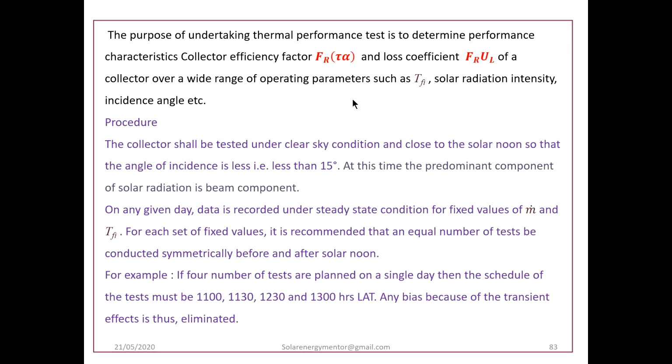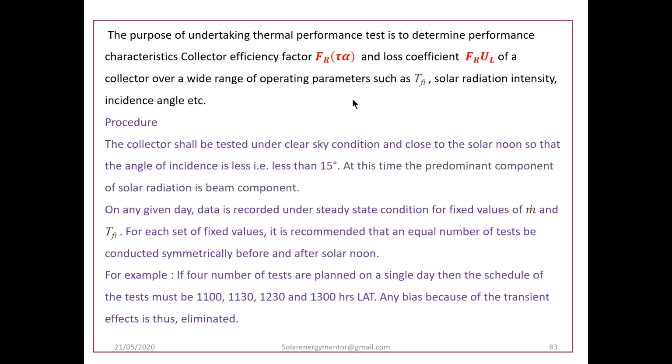First test will be taken at 11 o'clock, then second at 11:30, then third at 12:30, half an hour after noon, and then 1 hour after noon. So two tests are before noon and two tests are after noon. These timings are local apparent times, LAT, because standard times don't have any meaning here.